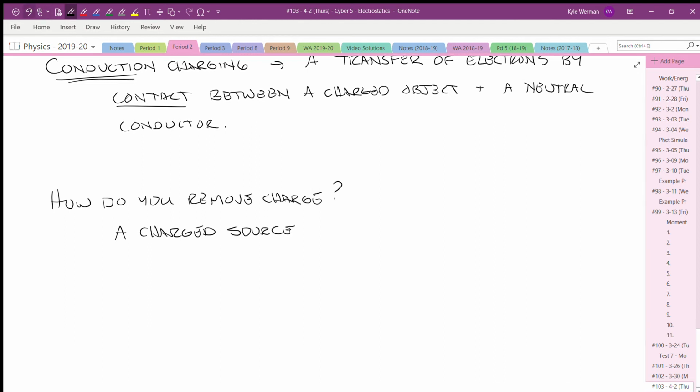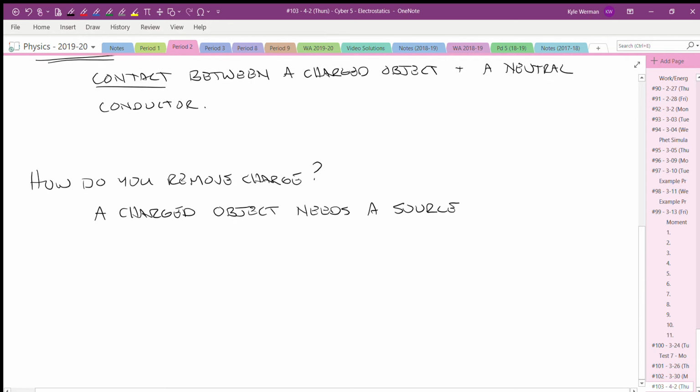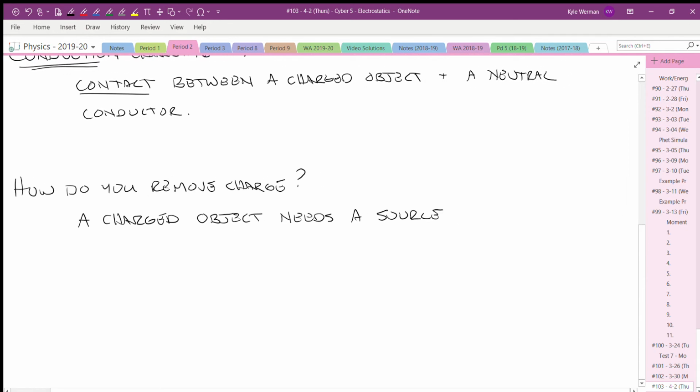Sorry, a charged object needs a source of either an object that is missing electrons or an object that has extras, right?